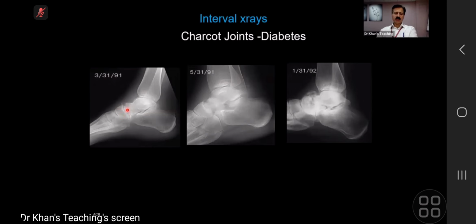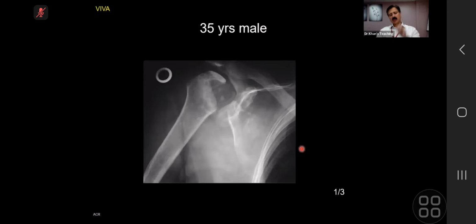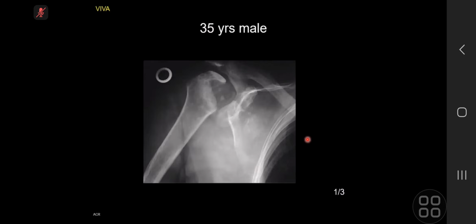You see how there is sclerosis and there is destruction and debris in the joints. This is another Charcot. This is a very nice film. Over to you. How will you describe this? This is a classical film. Radiograph of the right shoulder in a 35-year-old male.